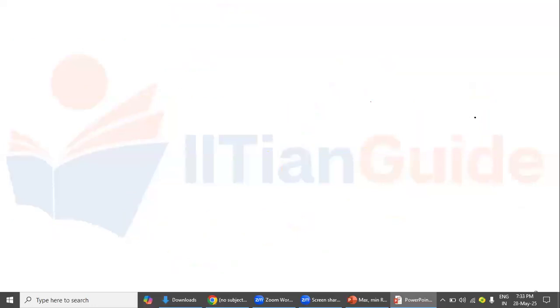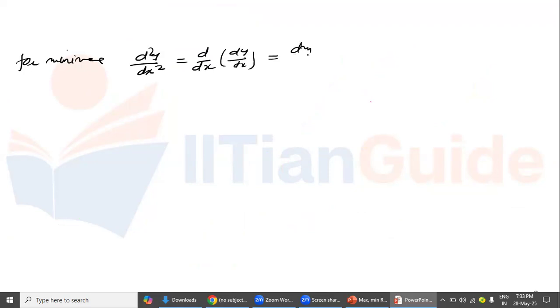So for minima, the value of the second derivative, that is dm by dx or d by dx of dy by dx, is basically m2 minus m1 divided by delta x.